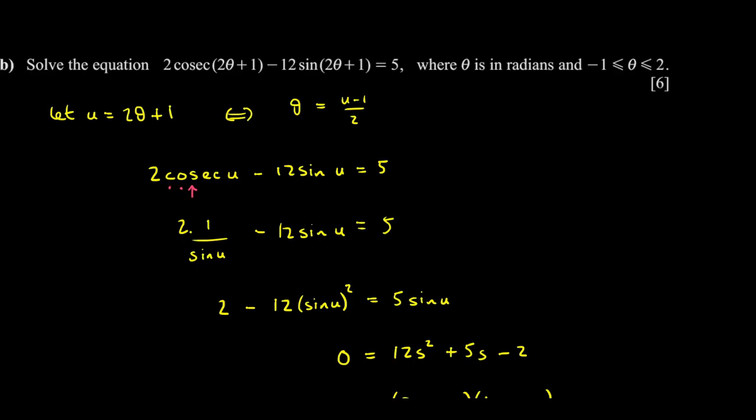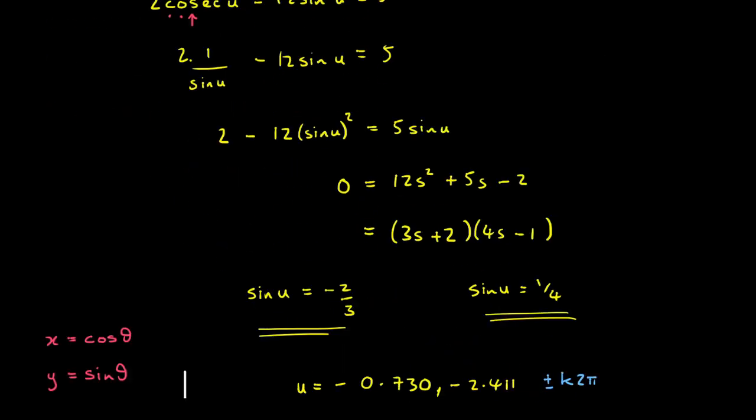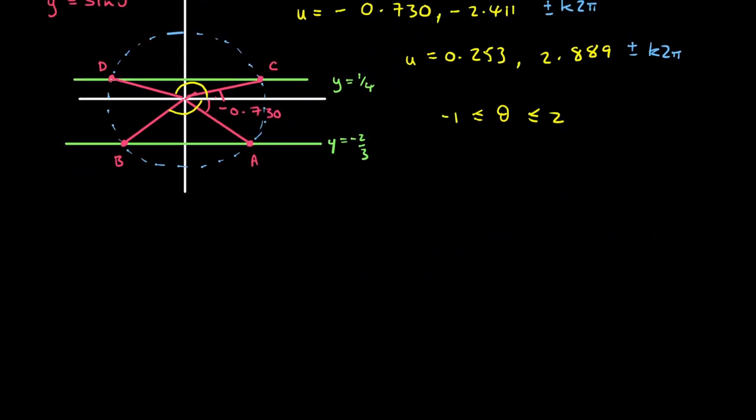Okay, now what I mean by that is this. We know that theta is u minus 1 upon 2. So we're going to take that and substitute it into this inequality here. So instead of theta being between -1 and 2, we've got u minus 1 upon 2 is between -1 and 2.